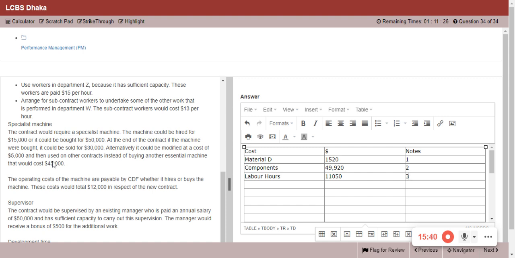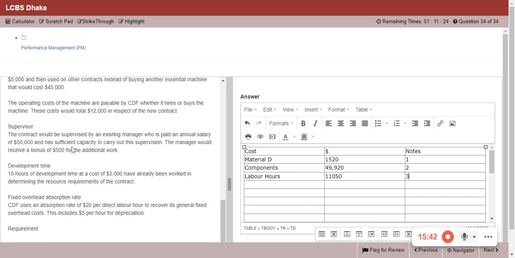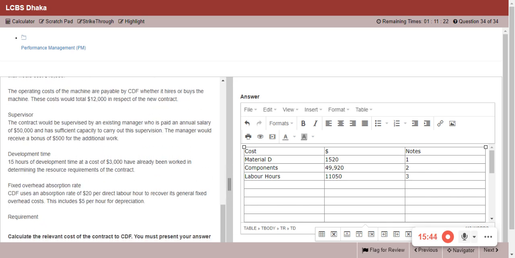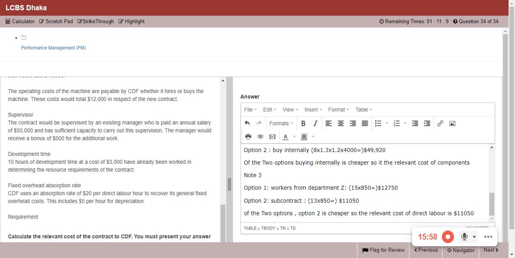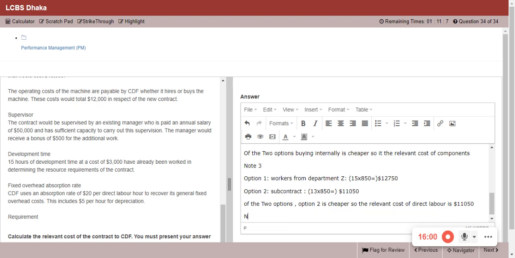So this is actually a bit tricky. This is going to be note 4.